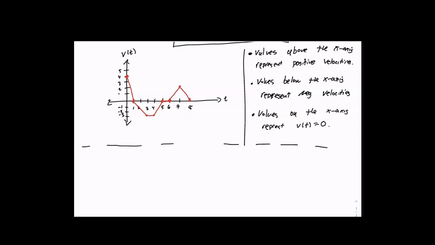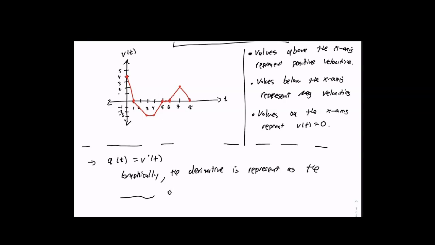As we should remember, acceleration is equal to the derivative of velocity. Graphically, the derivative is represented as the blank of the velocity graph. So what is that blank?